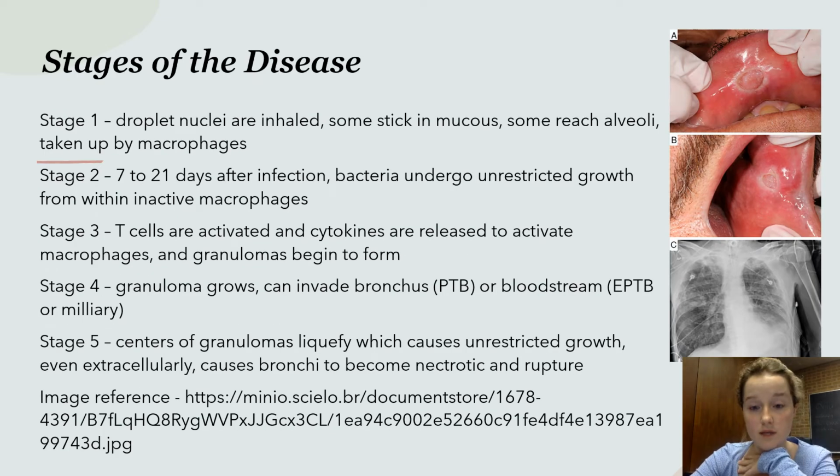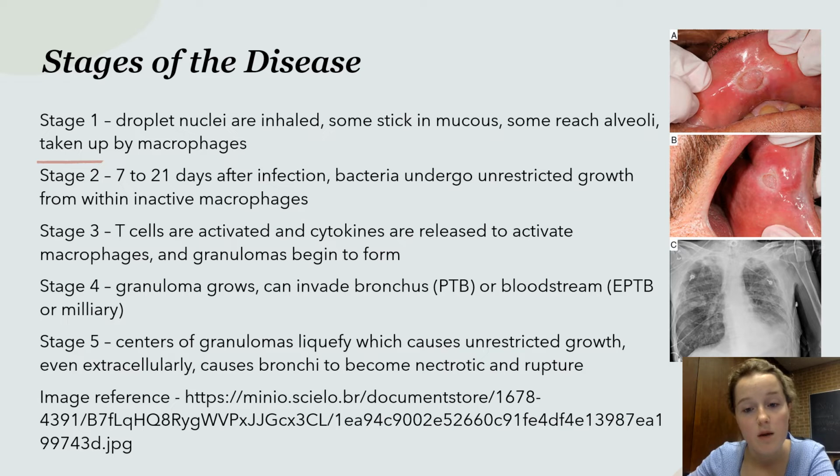So there are 5 stages of TB. Stage 1 is when you first inhale the infected nuclei, and most of them again become attached in the mucous membrane and are eliminated. But if they reach the alveoli, then stage 2 begins, where 1 to 3 weeks after your first infection, TB cells are undergoing rapid and unrestricted growth.